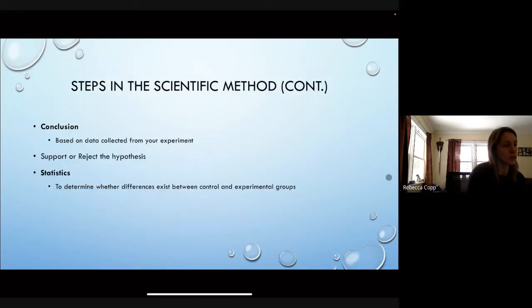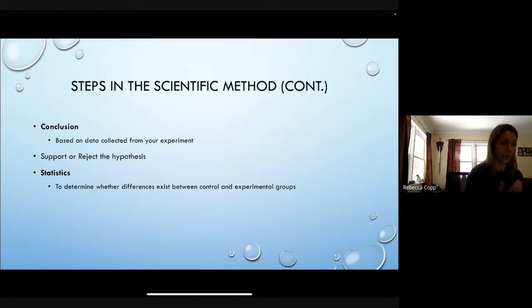Your conclusion is based on data collected from your experiment. After you run through your data and form this conclusion, you're going to either support or reject your hypothesis. Statistics are used to determine whether differences exist between the control and the experimental group.